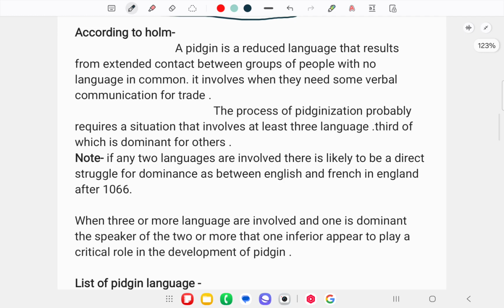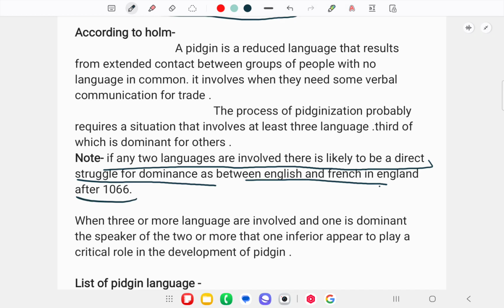If only two languages are involved, there is likely to be a direct struggle for dominance, as between English and French in England after 1066 AD. I have discussed this point. When there was a war between King Harold and William I, that war is known as the Norman Conquest.